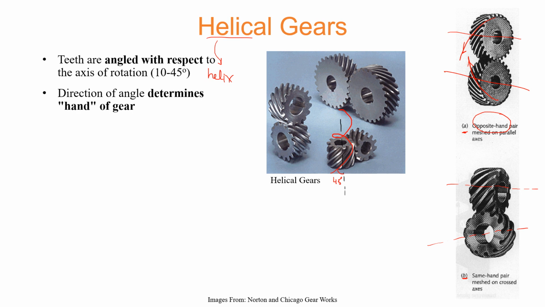So these two are mutually orthogonal, or 90 degrees apart from each other. In this case, you can see the direction of the helix is going this way, and the same type of hand is being used for the lower gear as well. It goes similarly this way. Because of that, this is called the same hand pair arrangement for helical gears.